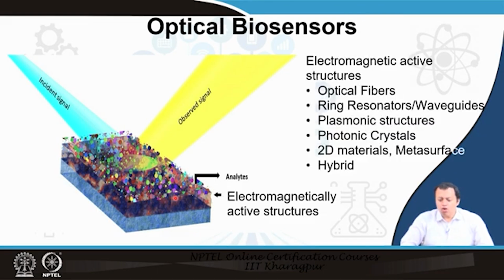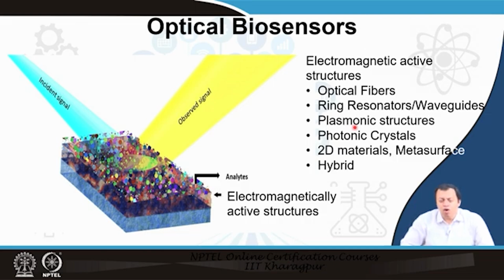So, the overall electromagnetic active structures: the original one was optical fiber, then ring resonators, waveguides, metallic nanostructures, those are plasmonic structures, photonic crystals, 2D materials. All of those things have started coming up, meaning they have a particular response of their own. Light passes through them, bounces off like in an optical fiber or ring resonator, or a plasmonic structure, a native response.